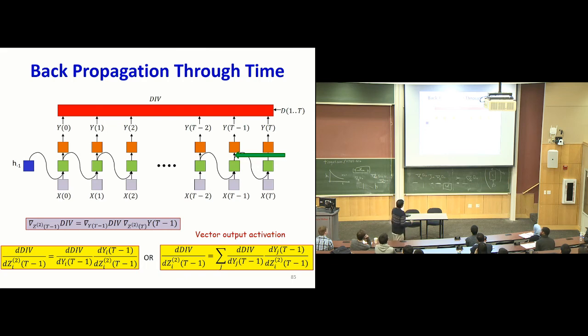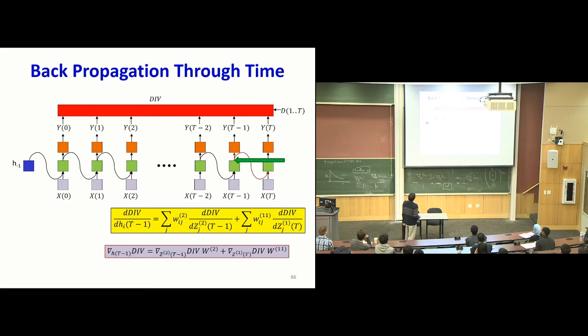Now here's the crazy bit. I can take a step back and compute the derivative of the divergence with respect to the hidden value at t minus 1. But then there are two ways in which this influences the divergence. One is going straight up, and one is going right. So this derivative is actually the sum of two terms.